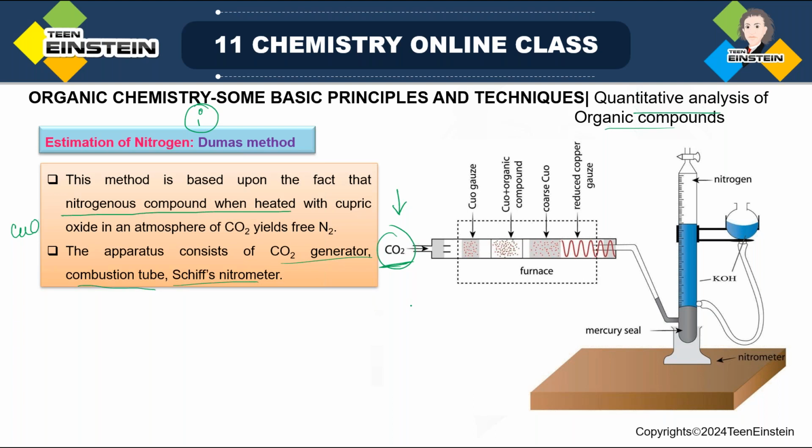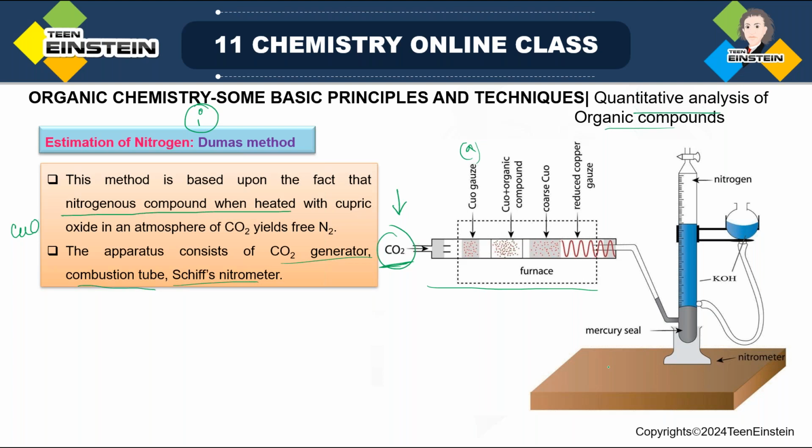Then we have the actual combustion tube, which is this part, and here you can see a total of 4 sections. First there is the CuO gauze, which is cupric oxide gauze. It is mainly used to prevent back diffusion of the gases that will be produced after combustion.